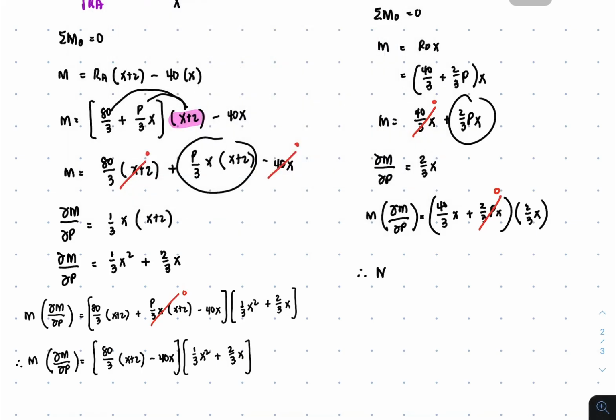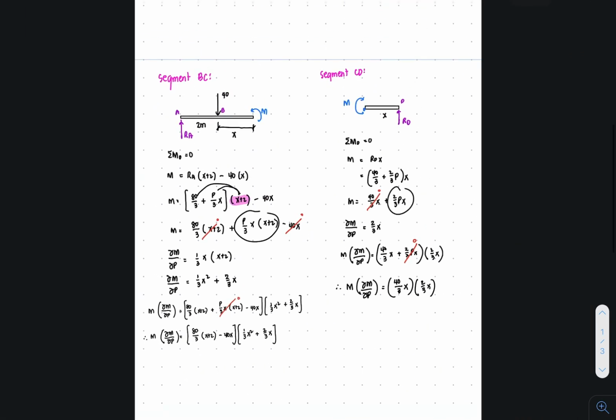So the final product of the M times the partial derivative of M with respect to P is equal to 40 over 3x times 2/3 of x. That is your equation. So this time, let us now get the integral.